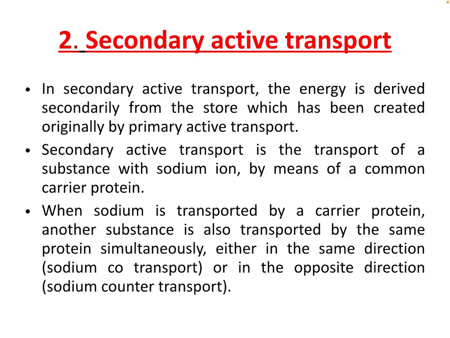Next is about the secondary active transport mechanism. Secondary active transport is the transport of substances along with sodium ion by a common carrier protein. Secondary active transport is of two types, that is co-transport and counter-transport.